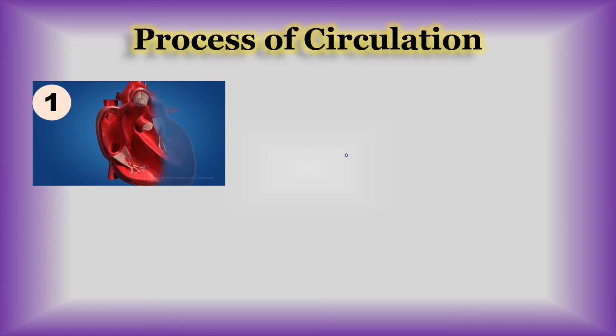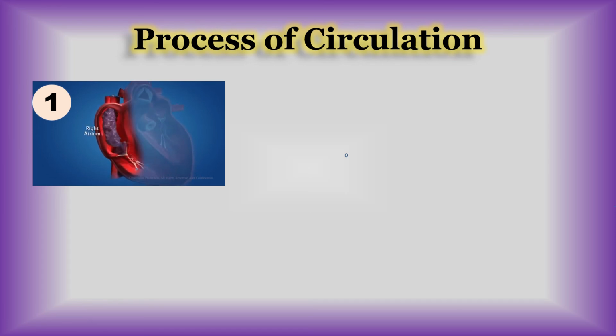Now children, after discussing the organs involved in the circulatory system and the functions of the circulatory system, let's see the process of circulation. You can see on screen, here is a picture of our heart and the highlighted part is the right atrium. If you remember, I have already told you that our heart is divided into 4 chambers, 2 upper chambers and 2 lower chambers, and the right atrium is the right upper chamber, where the deoxygenated blood is collected first.